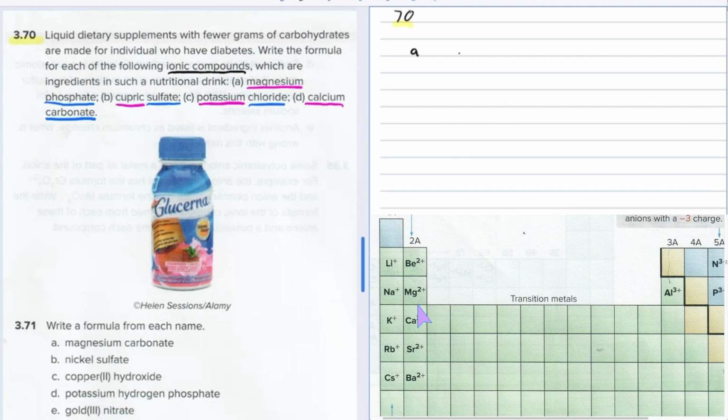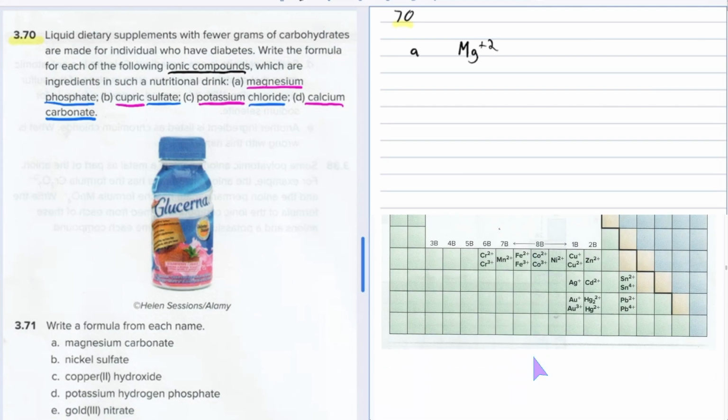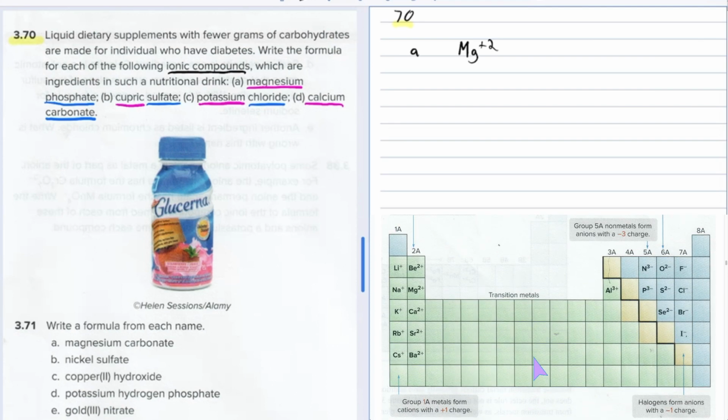And let's just go ahead and write magnesium +2. Okay, remember the +1, +2, and then aluminum's +3. All of these other ones down here, they tend to form multiple types of charges. Okay, but here we're doing magnesium.